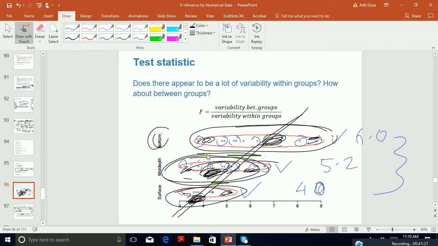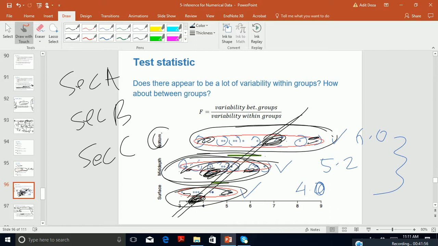Okay, but the between groups is like different sections, like section A, section B, section C. Like I said, we have 16 sections in our department, right? If the variability in my class is smaller, like if I teach well and all my students participate in class, most of them will get good grades.